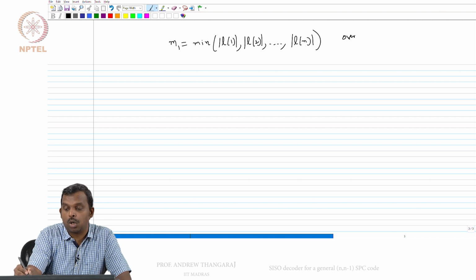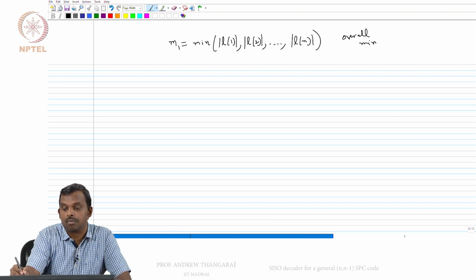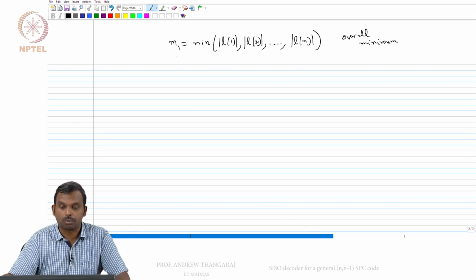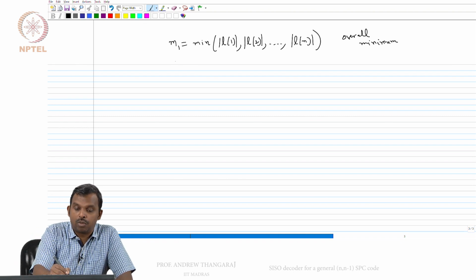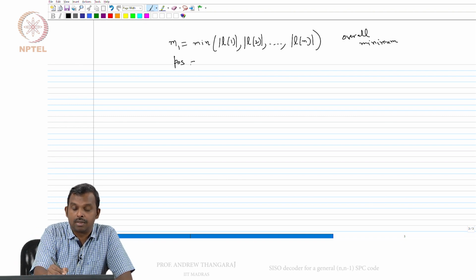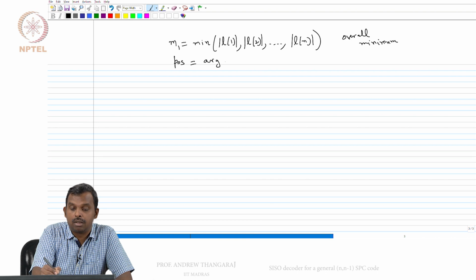So, this is the overall minimum absolute value. This is m1. And then you also find the position of this, which is the argument of min of L of 1.